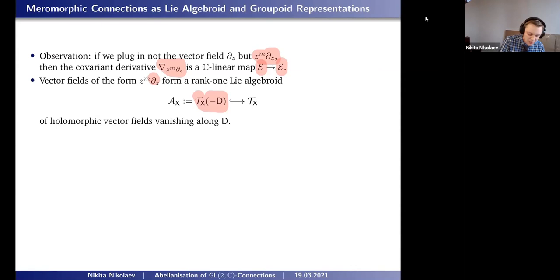And the anchor map, well, of course, any such vector field is in particular a vector field. So the anchor map is literally just the inclusion. So it's a very simple looking holomorphic rank 1 Lie algebroid. At least when you're sitting on a Riemann surface, they're actually ubiquitous.